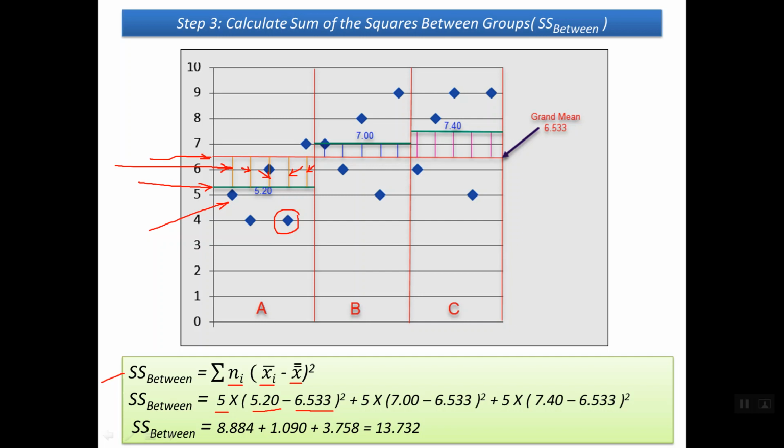The same way for the observations for group B, and the same for the observations for group C. So the SS between here represents the deviation between the mean of each group and the grand mean. If you proceed, you will get the value of the SS between groups to be 13.732.